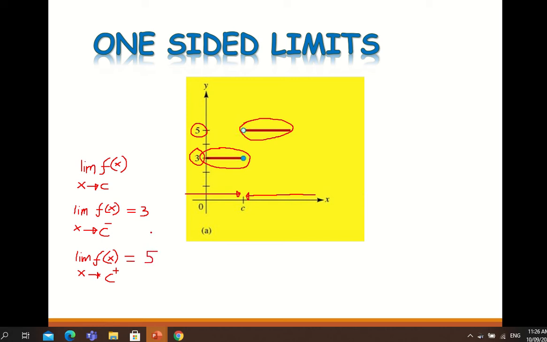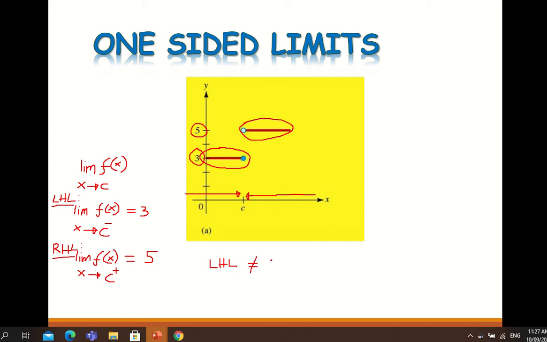Both of the limits exist. This is what we call the left hand limit, LHL. The left hand limit is equal to 3, and the right hand limit is equal to 5. Now comparing the two limits, they are not equal, so the left hand limit is not equal to the right hand limit.